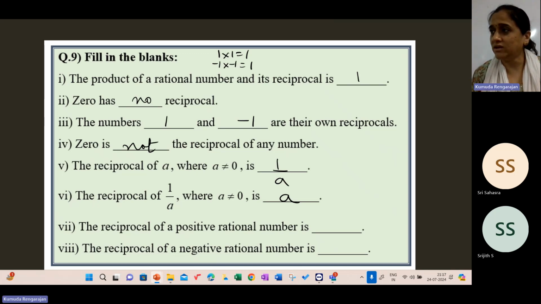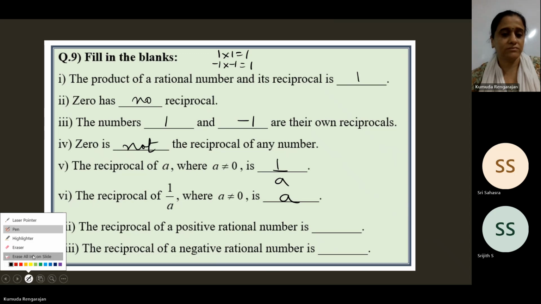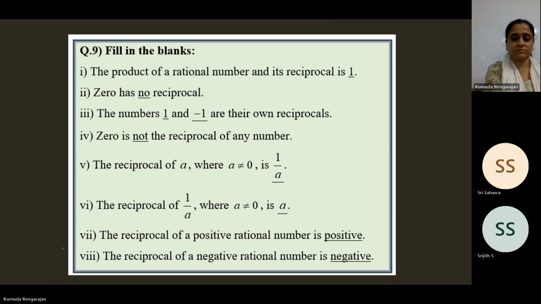If the rational number is negative, reciprocal is negative. Very good.